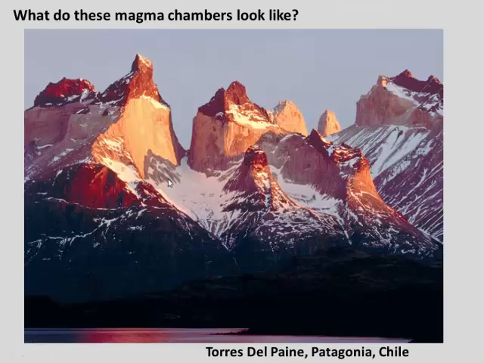In closing, I just want to step way out now and remind you, what do these magma chambers look like in the natural environment? Here's another one. This is the famous towers at Torres del Paine in Patagonia, Chile. Please excuse my awful Spanish.